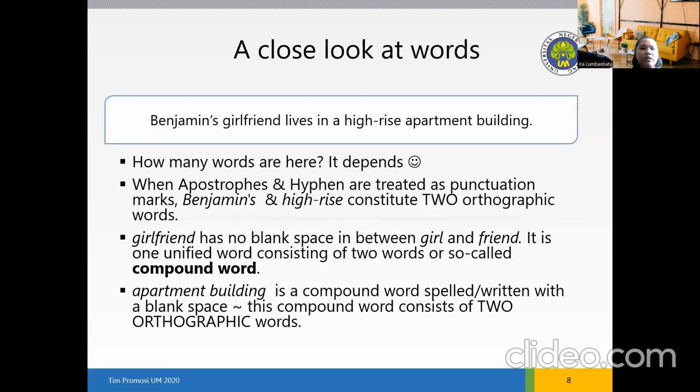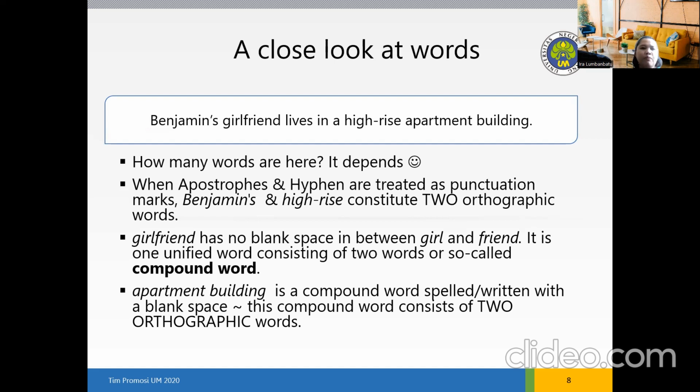Okay, so now we go to the second sentence: Benjamin's girlfriend lives in a high-rise apartment building. Can you guess how many orthographic words there are? Let's see the explanation here.